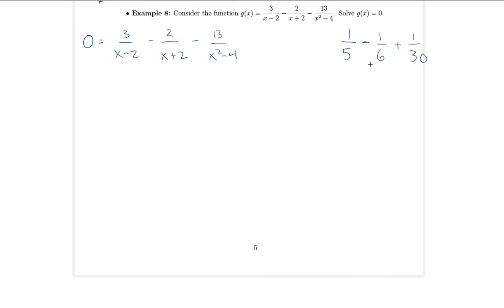Way larger than we need. So in this case, what we would want to do is recognize that 30 is 5 times 6, right? So our common denominator can still just be 30, right? And here, just multiply by 6 on top, multiply by 5 on top.